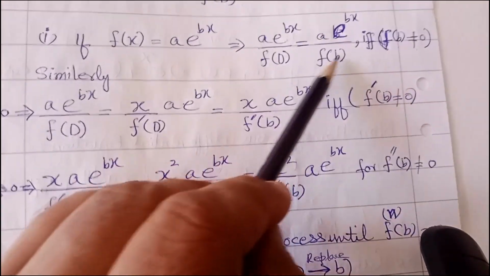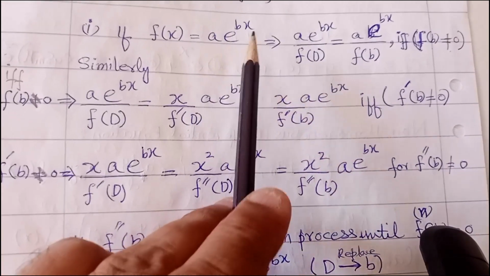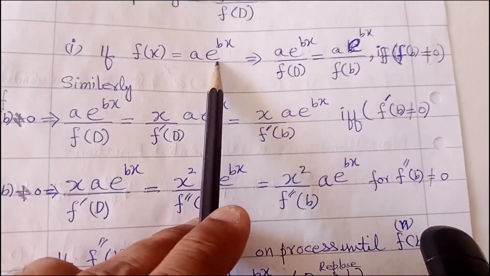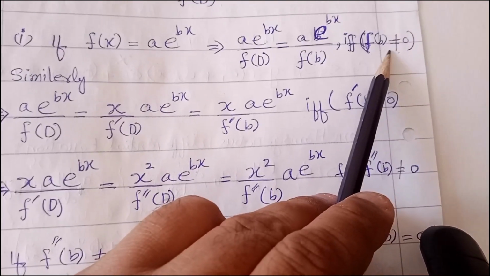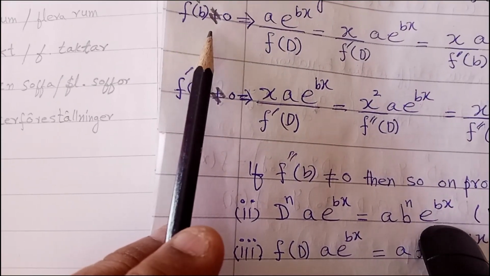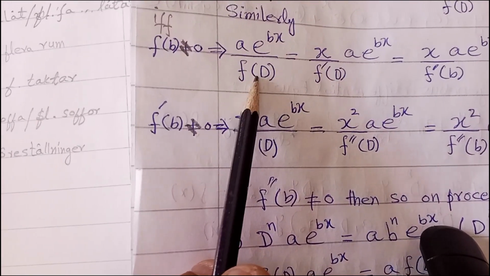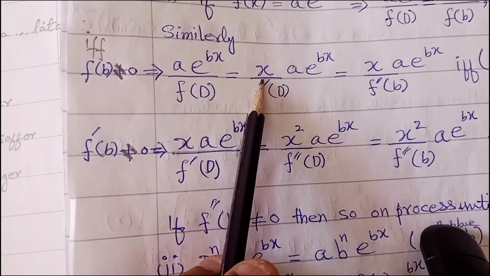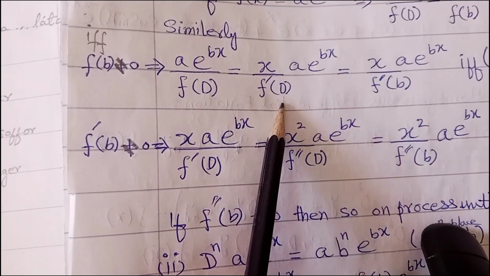That would be the solution when we have f of x equal to a e^(bx), if and only if f of b is not equal to 0. If f of b is equal to 0, we perform the next step. In the case when f of b is equal to 0, a e^(bx) upon f of D becomes x times a e^(bx) upon f prime of D.